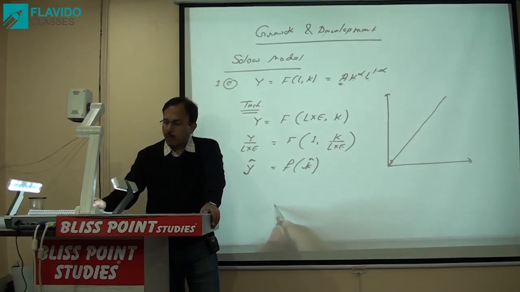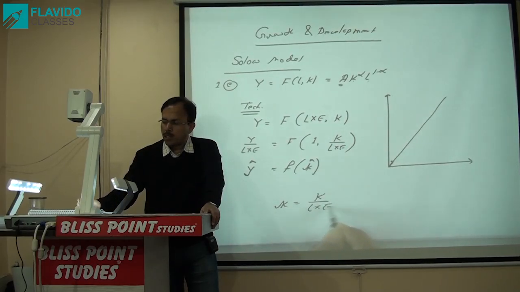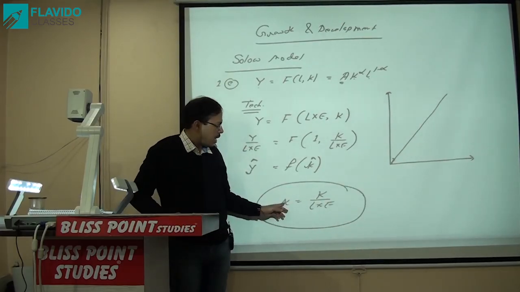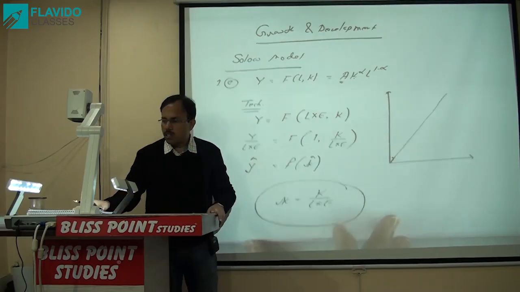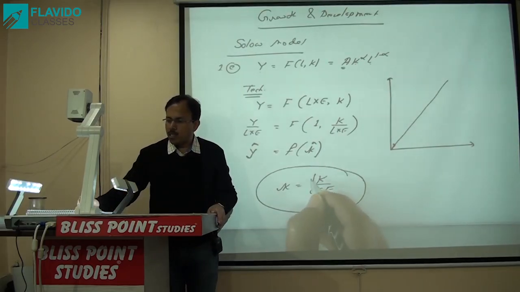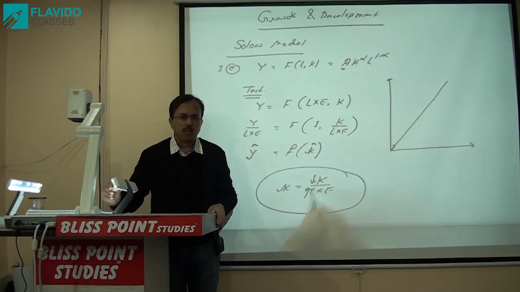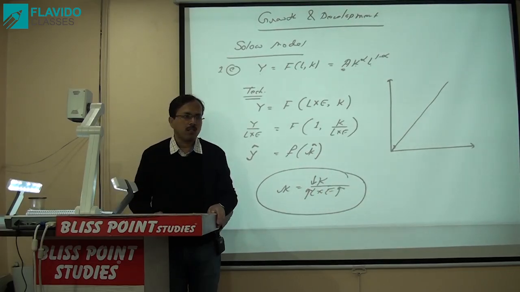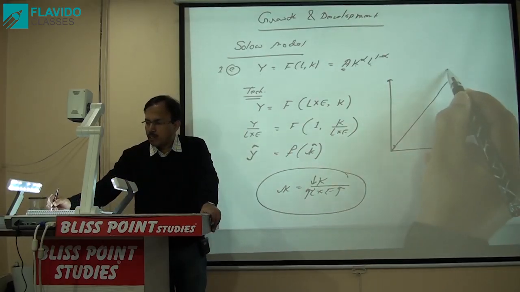So at any given point of time you have a specific capital K by L into E, and you have to keep it constant. Remember, this K is changing because of 3 factors: the stock of capital may depreciate, the labor force may increase, technical progress may increase. So all those factors are included here.